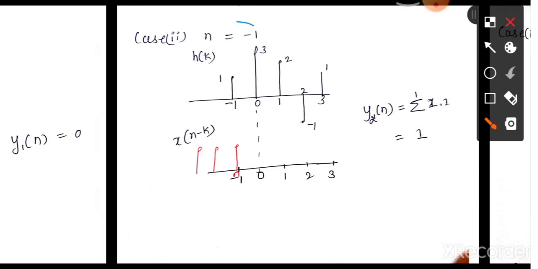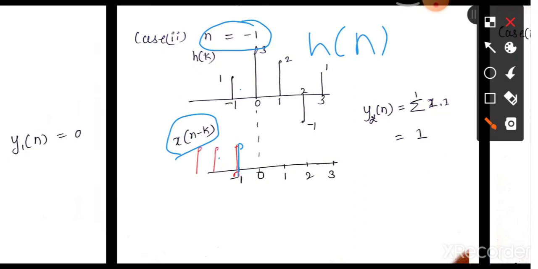Let's take the second case, that is n equal to minus 1. When n is equal to minus 1, we are placing, this is h of n, which remains the same. At minus 1 you have the signal 0, 1, 2, 3. Now we are placing our x of n minus k signal at minus 1.